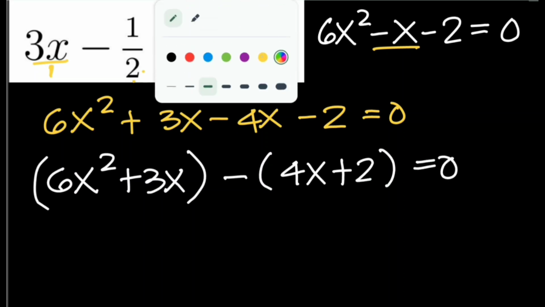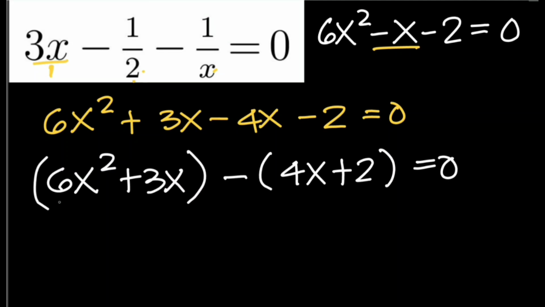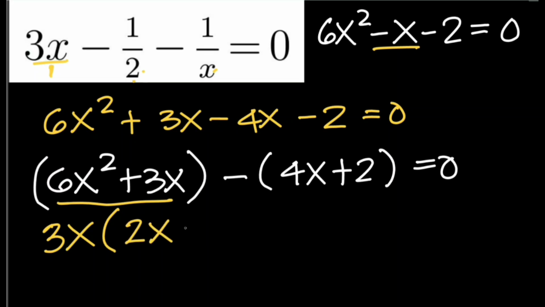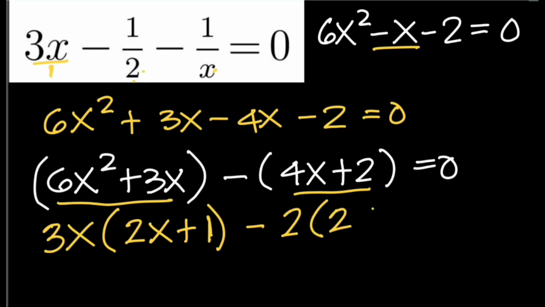And then we factor out the common factor. Here, the common factor is 3x, then we're left in the parenthesis with 2x plus 1. And here, the common factor is 2, then we're left in the parenthesis with 2x plus 1 equals 0. Notice here that we have a common factor, which is 2x plus 1.